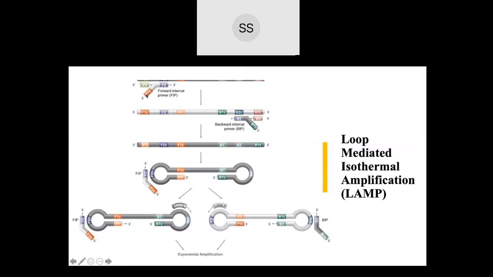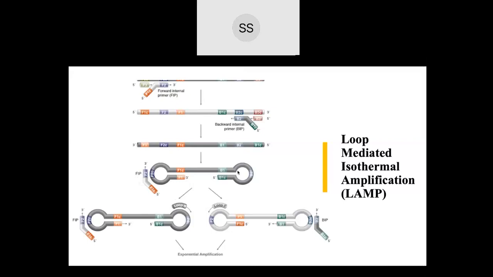The first primer will bind to the target and start elongating, and in the next step, the F3 primer binds to another site and displaces the first elongated strand. This process happens from both ends of the target, eventually forming a loop-like structure, as we can see.